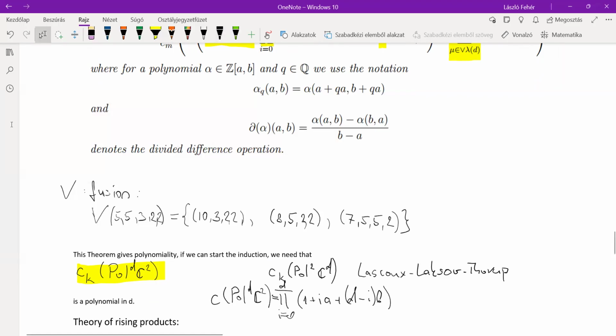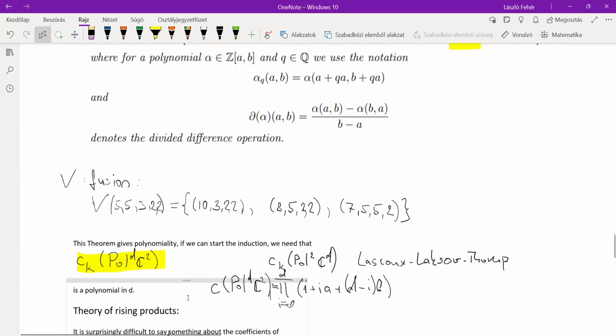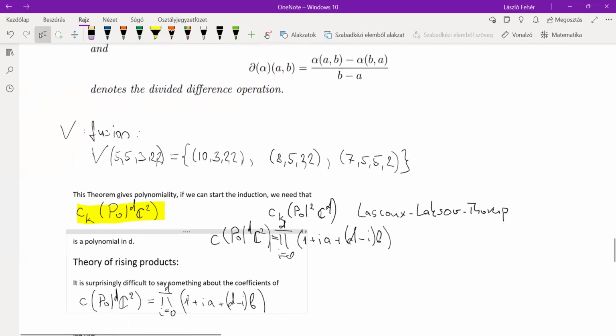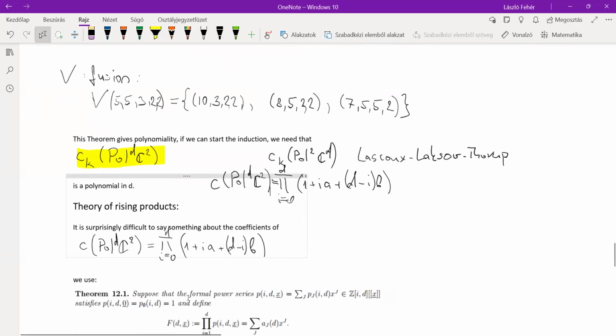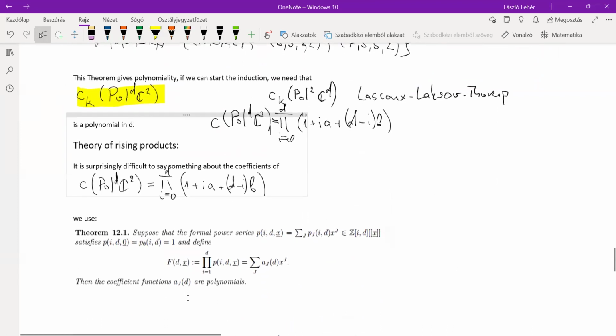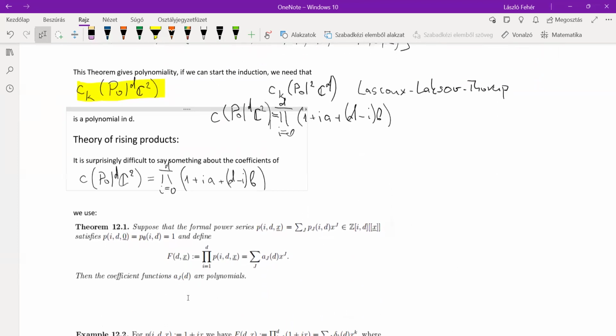So we developed a theory with András Juhász. He came up with this name, which I really like: the theory of rising products. Let me just give a theorem here. So what is a rising product?